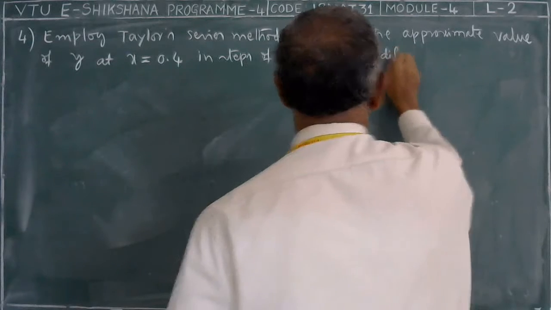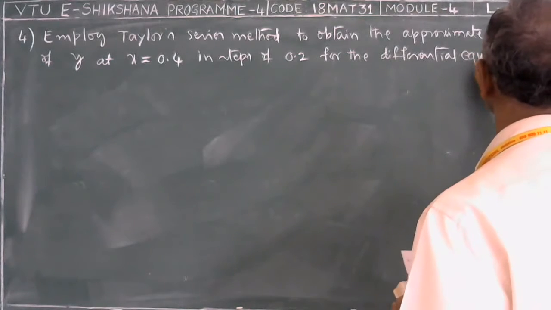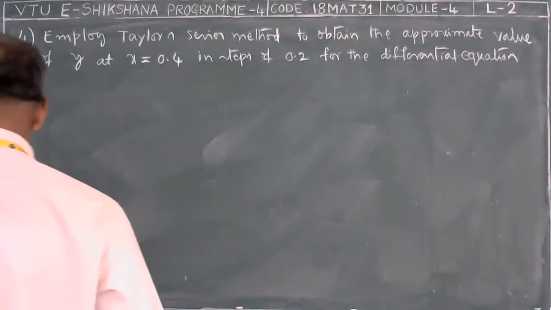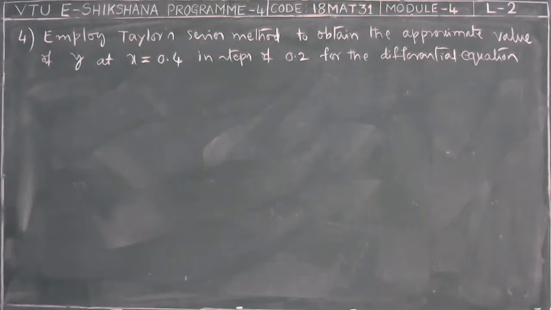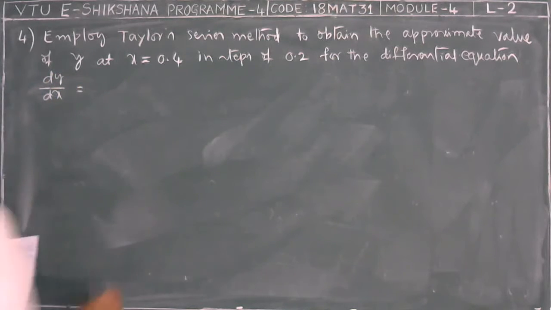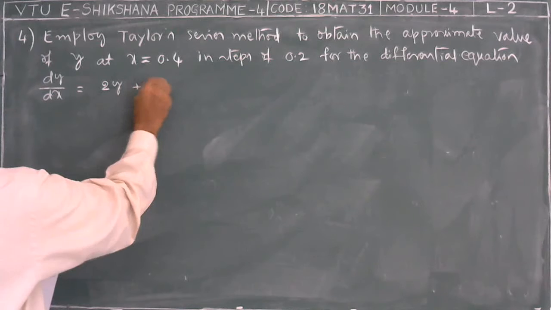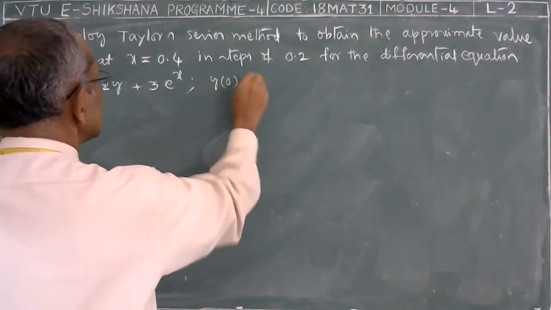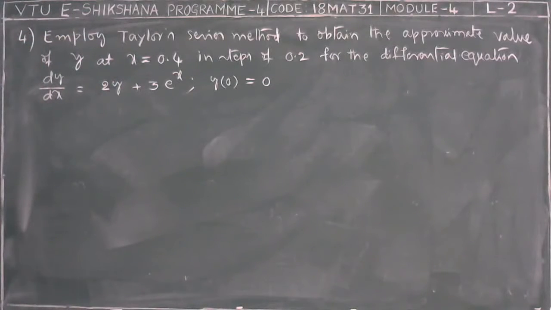dy by dx is equal to 2y plus 3e power x, with the initial condition y is 0 at x is equal to 0. x naught and y naught both are equal to 0.